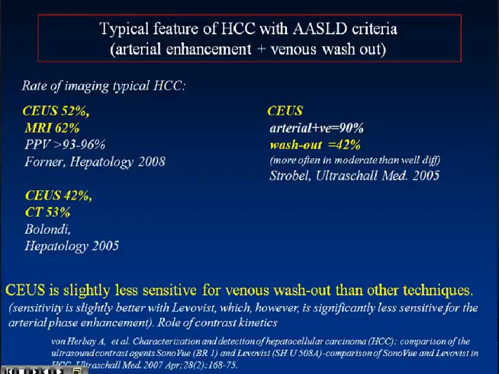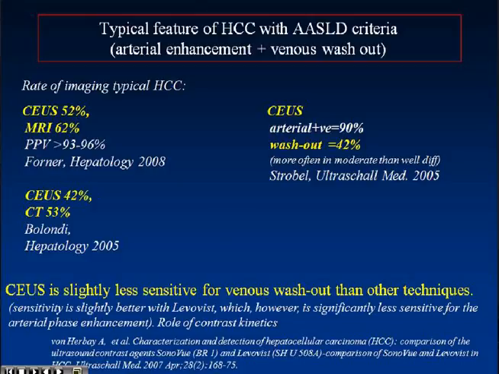You see about 10% less in this study from Barcelona, 10% less in our study, and in this study you see that of all liver cancer, about 90% show the typical pattern in the arterial phase, but only about 42%, similar to 52 and 42, showed the washout.